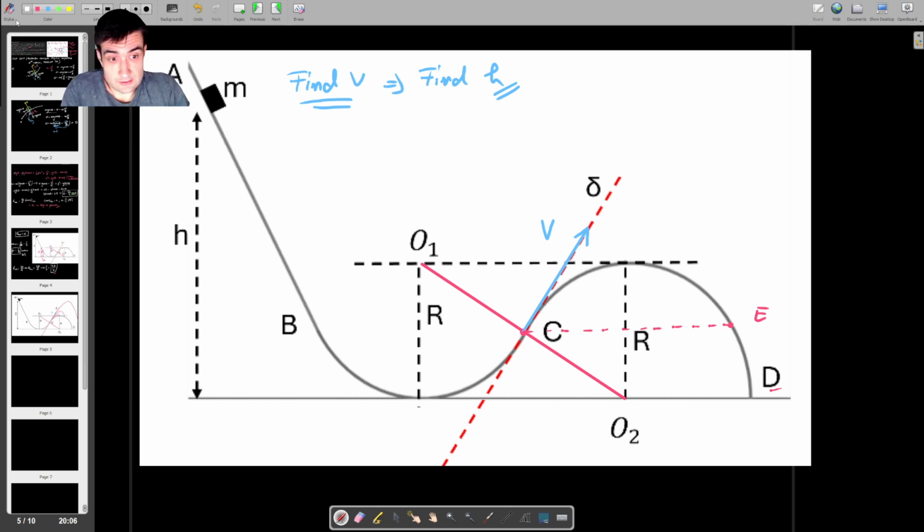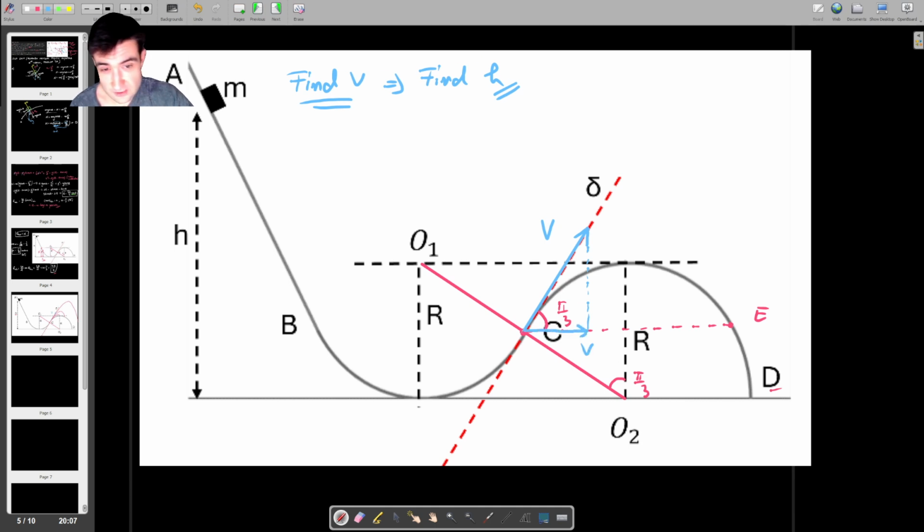So let's see what we can do. We know the angle of the velocity here, so we know this angle is 60 degrees, or pi over 3. That angle has to be the same as this angle. I'm going to decompose that velocity, as is usually the case, into the horizontal component.